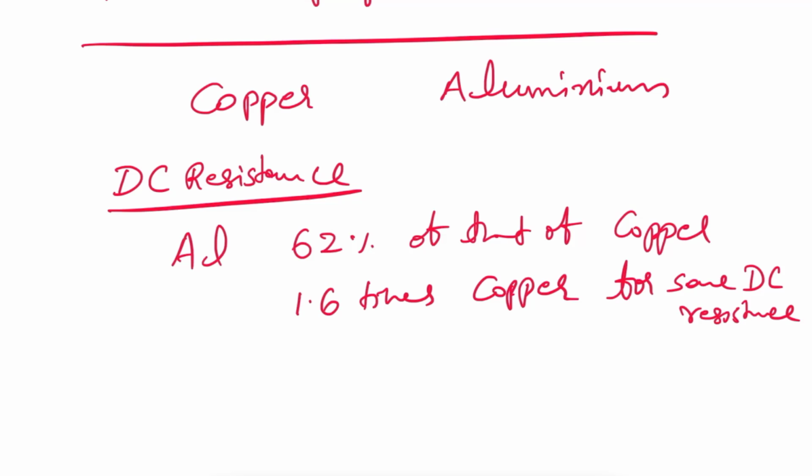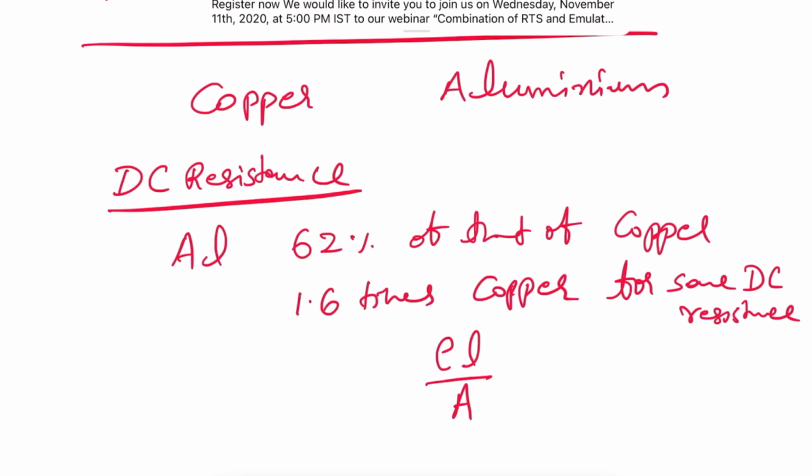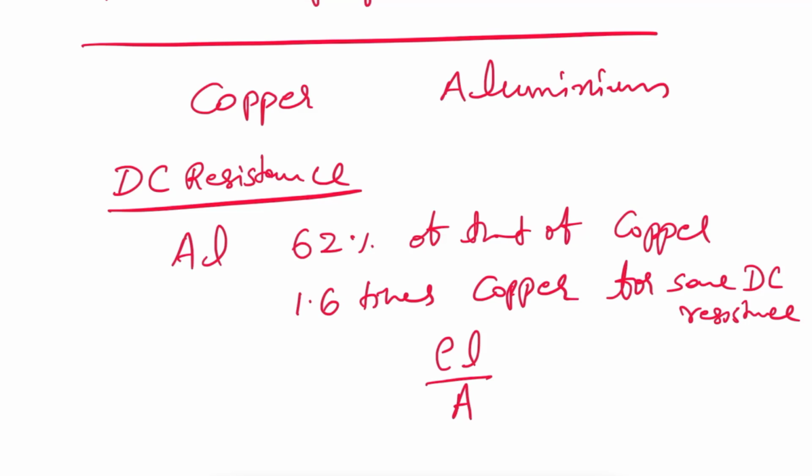Therefore, we need more cross section, because the resistance is rho L by A. Since its conductivity is just around 62%, the resistivity is more. Therefore, we have to increase the area in order to reduce the overall resistance. This difference in area is approximately equal to 2 American wire gauge, 2 AWG.